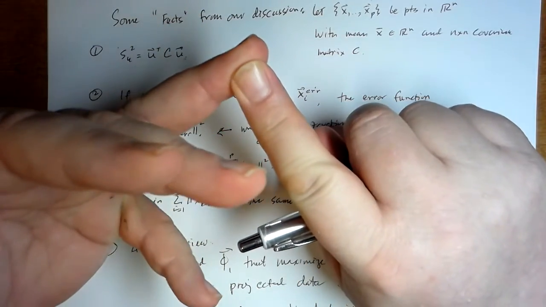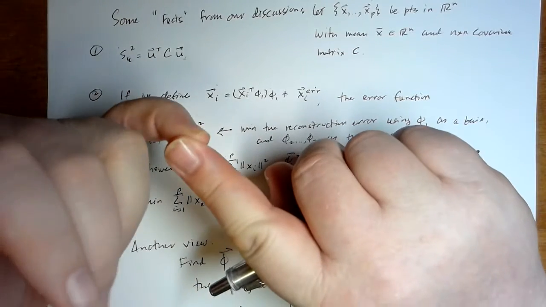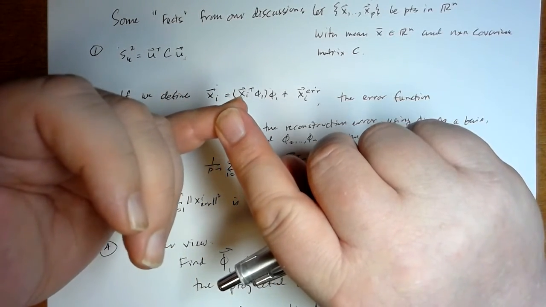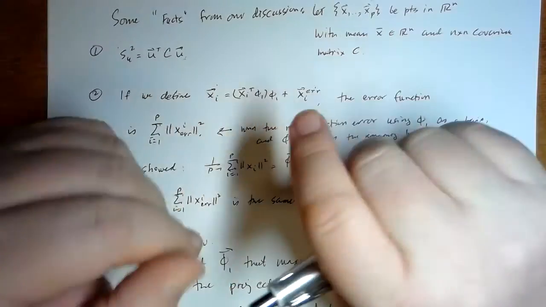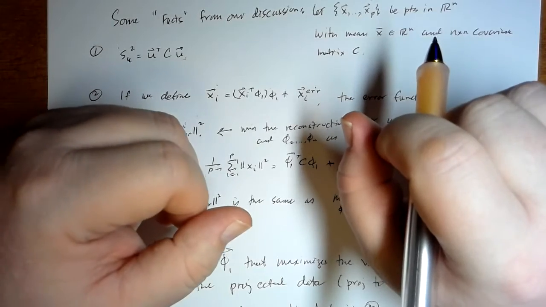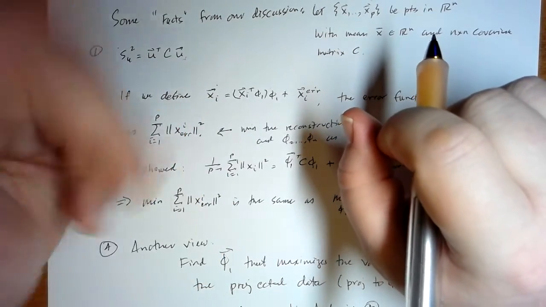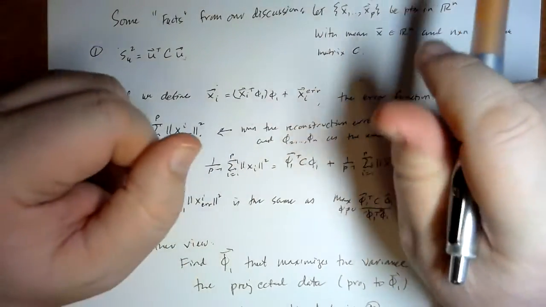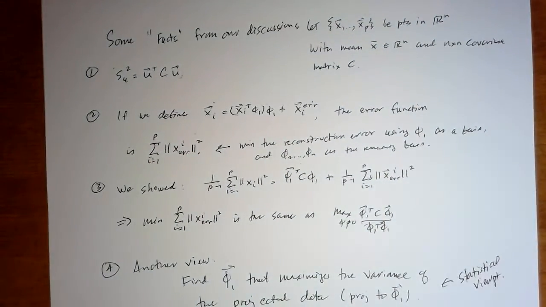It's called empirical orthogonal functions. What are some other names for it? Oh, I'll have to check. It depends on what kind of data you're using sometimes. But it goes by lots of different names, and so that's why I've just called it the best basis. It's more generic that way, I think.